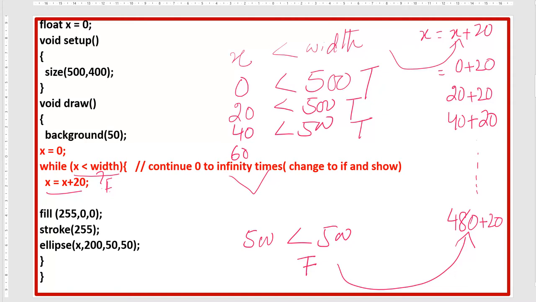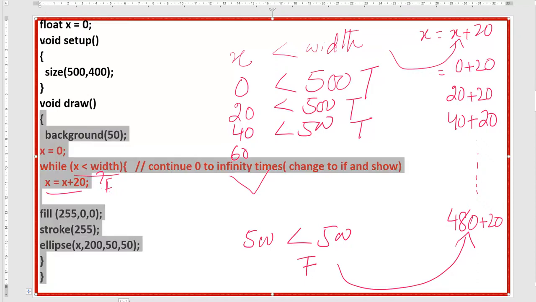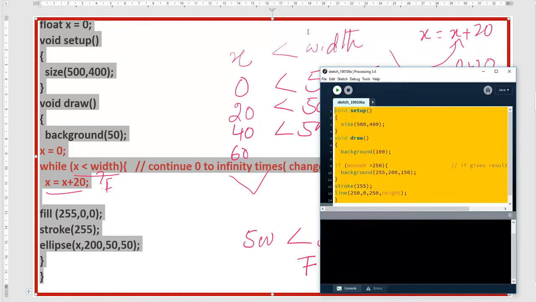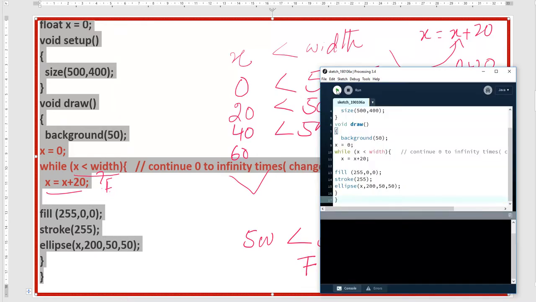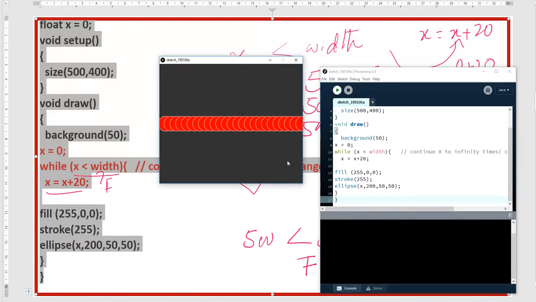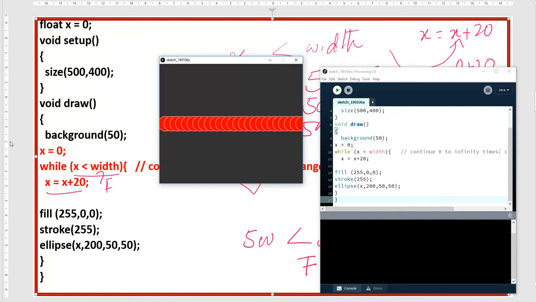So I will run this program for you and you will see the lines on the canvas. Okay, so see, I am going to run this. Now what is the meaning of these circles? See here, if x is less than width, the first condition, the fill color is red, and the stroke is red, and then there is an ellipse.